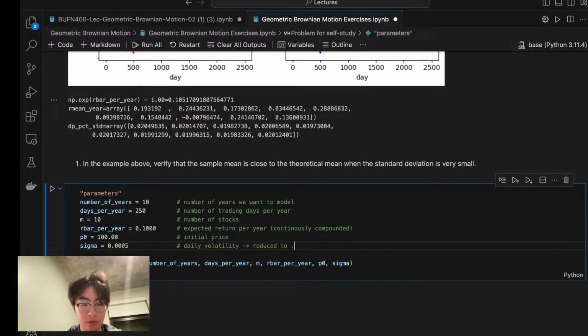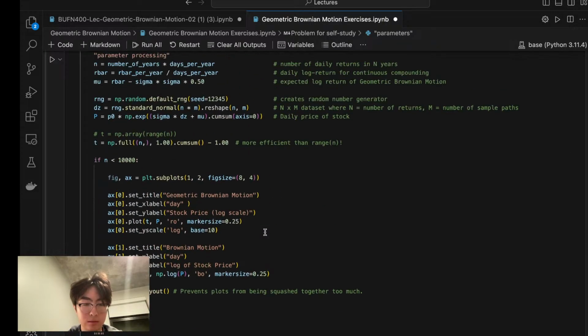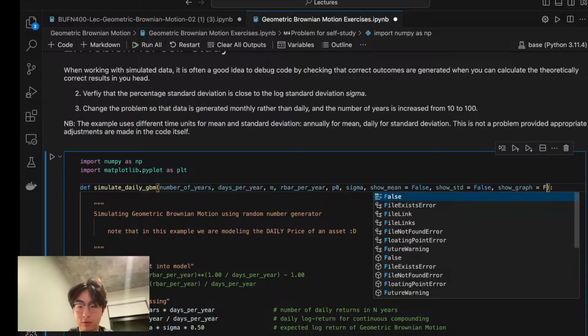Reduce to 0.005 now. We'll call this show mean, show STD for standard deviation, okay, show mean, and then show graph, and I'm just gonna call these false.